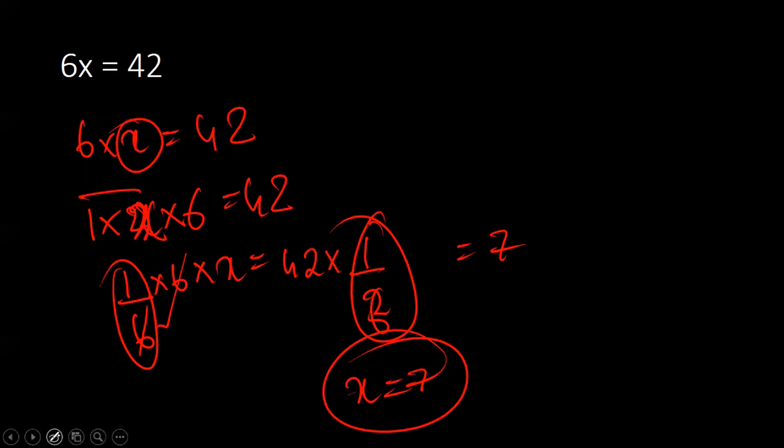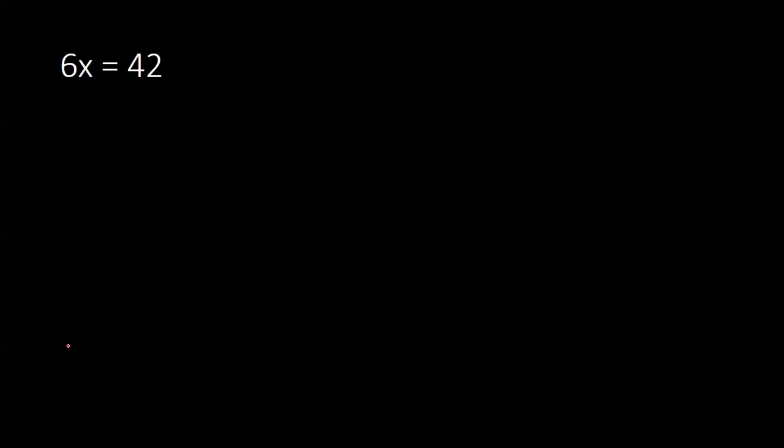Now the shortcut method was that when something is being multiplied on the LHS, when it goes to the other side, it will become division, because addition became subtraction, subtraction became addition. Here multiplication is going to be division. So x equal to 42 divided by 6.